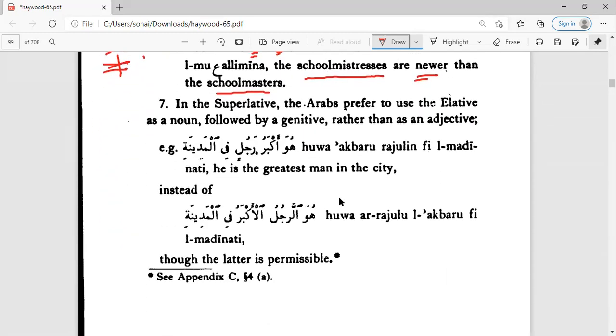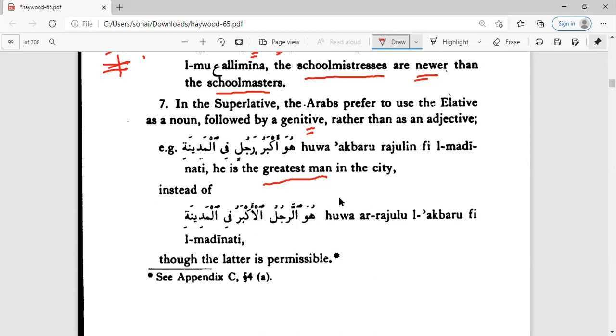In the superlative, the next word is not going to be min. We're going to have the word, and then we're going to have genitive, a mudaf ilayhi. Nice, idafa, yes. So here, huwa akbaru rajulin fil madinati. He is the greatest man, could be the oldest man as well, in the city.